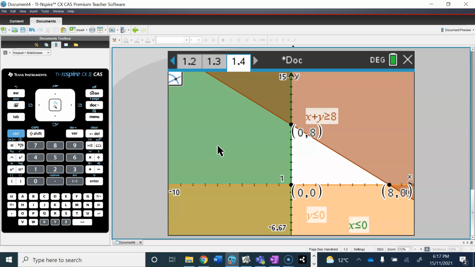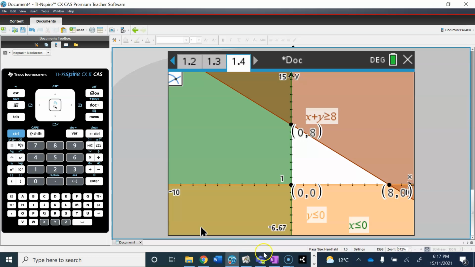Really easy to put that on my graph now. I know the y-intercept is 0, 8. I know 0, 0 is another corner point, and I know the x-intercept 8, 0. They're the 3 corner points of the required region. And then I know that little right angled triangle is the section that I want, rather than all that other coloured stuff, which is the bit that I don't.